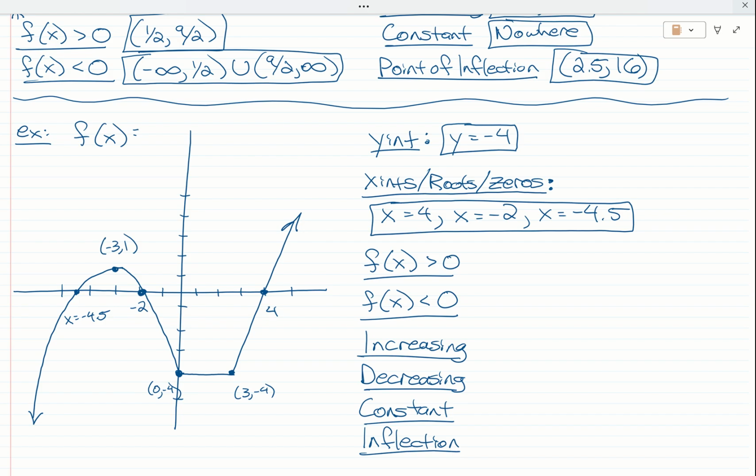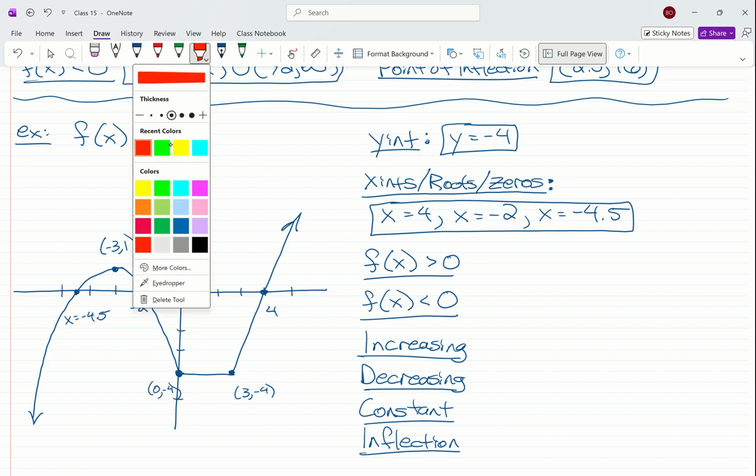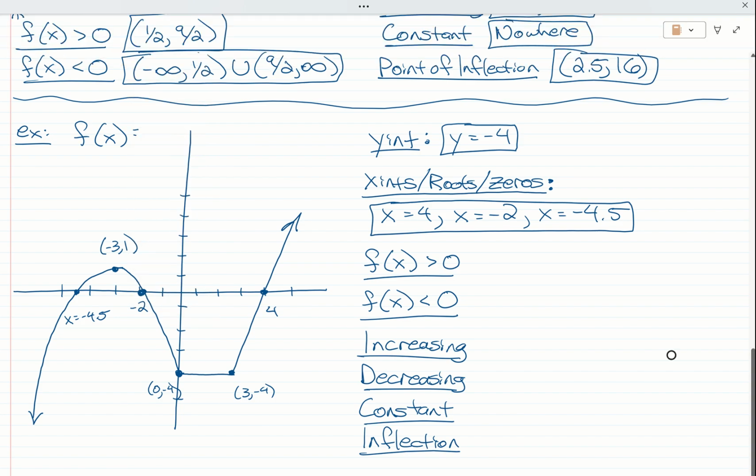Where is the graph above the x-axis? Well, remember we're only listing these like domain values, right? So right here the graph is above the x-axis, and it looks like right here the graph is above the x-axis.